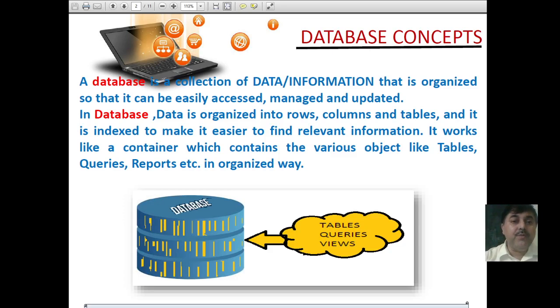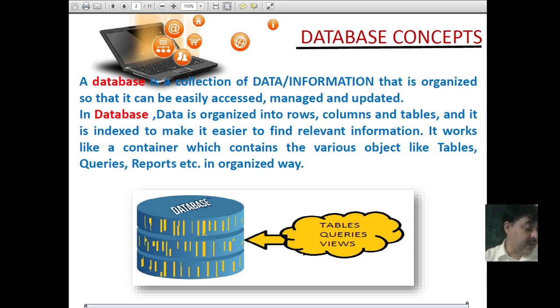And information means the finished product. So some data can be information, and some information can be the data of another one. These are organized so that we can easily access, manage and update them.